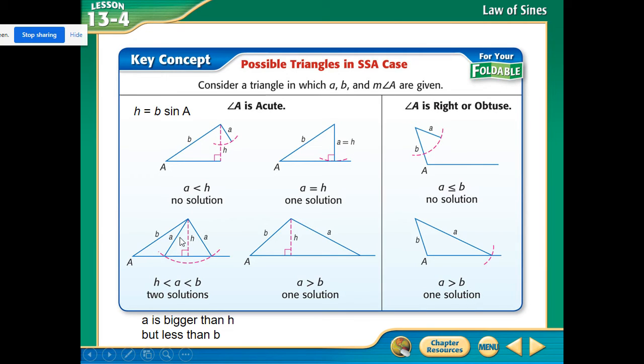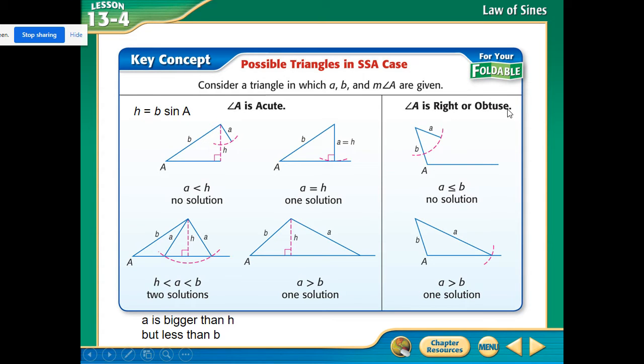And we'll have to be able to find both of those, and I'll show you that in just a minute. If A is bigger than B, it can't swing back and form this other side, so it has to be just one solution. So there's 2 one-solution cases, a no solution, and 2 solutions. And all of it has to do with how A compares to H.